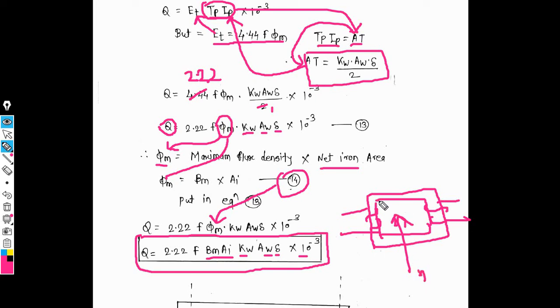This is the one window, that is the area of window, and the area of window is width of window into height of window, that is area of window AW is equal to height of window into width of window.